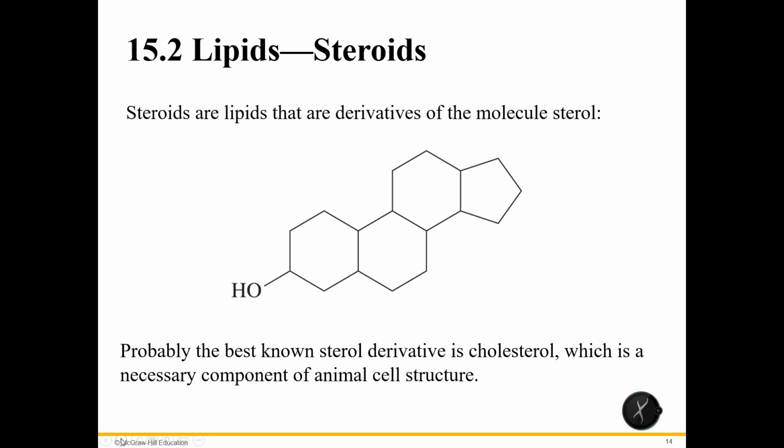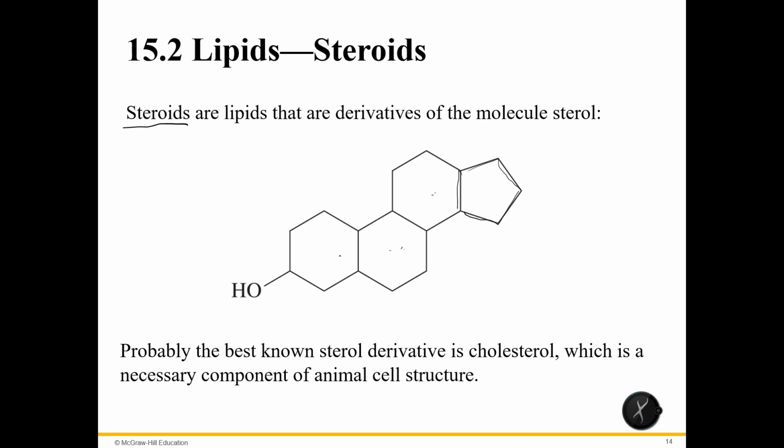So the next group of lipids. See, lipids is a larger category than just fats. So steroids are lipids, all right? Steroids. And what makes this a steroid is you have three aromatic rings here, and then you have a pentagon ring on the end here.